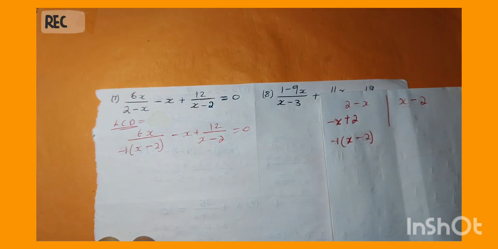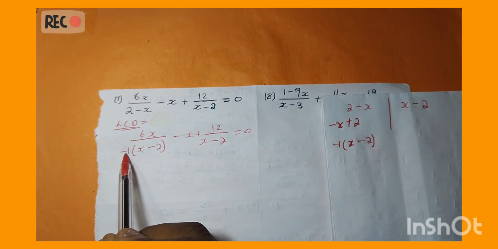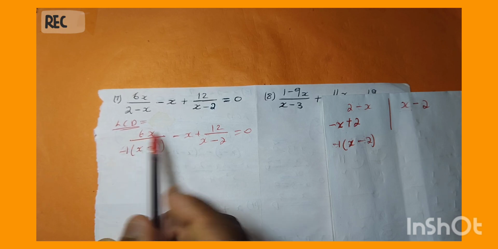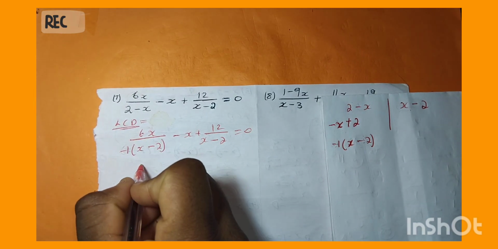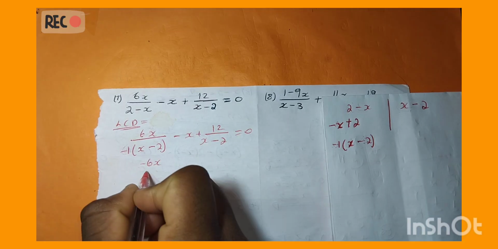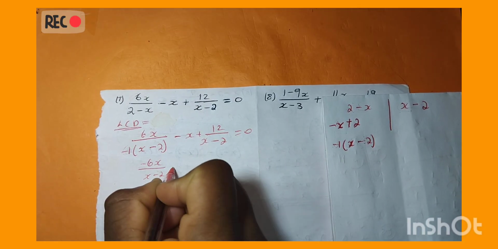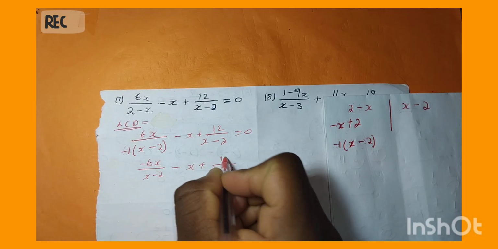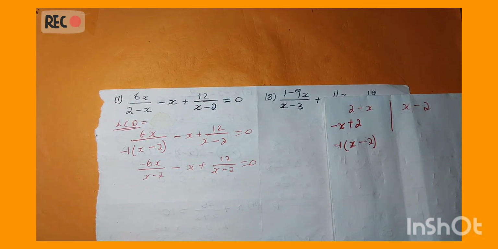So that negative, guys, will also get involved with the numerator. Meaning my numerator will just be negative over x 2, and here it's x plus 2, which is 12. Do you see?